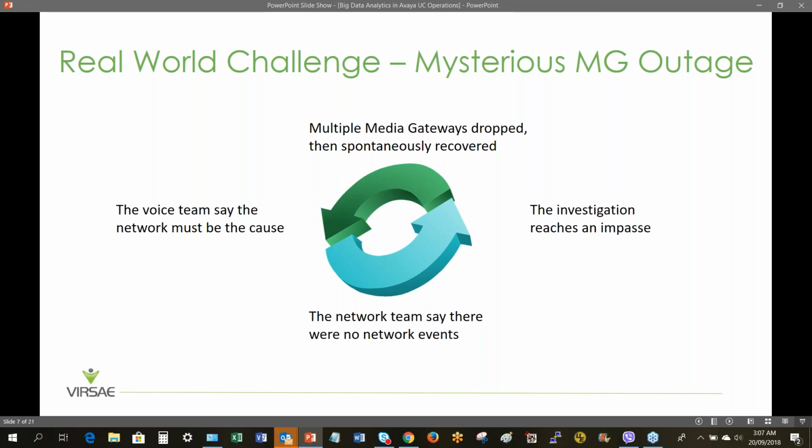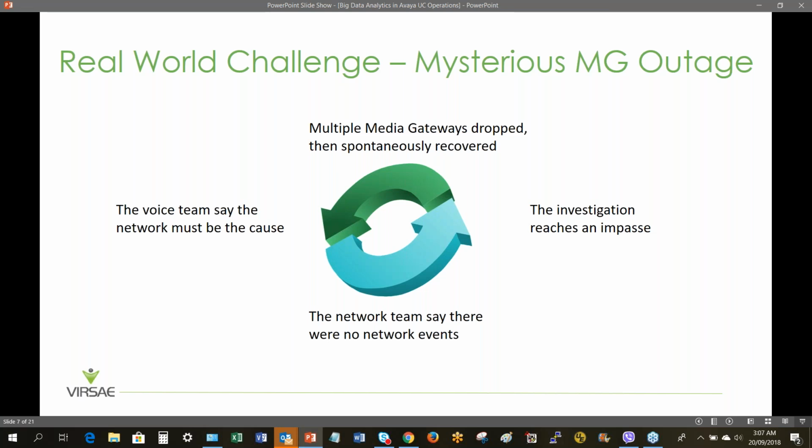So the first example I wanted to touch on was a mysterious media gateway outage. That's a situation where you get a media gateway, or sometimes multiple media gateways, that drop. It causes business disruption. The voice team take a look at it, and decide that it must be a network thing because the media gateways have now recovered and everything's up and running.